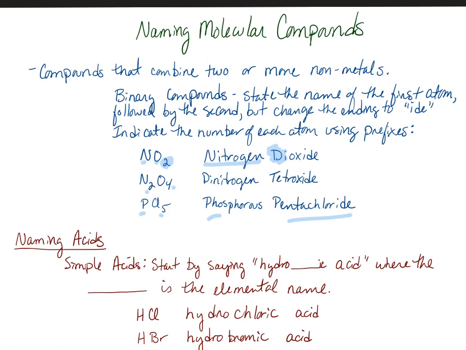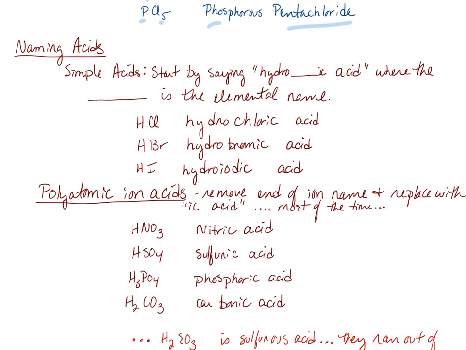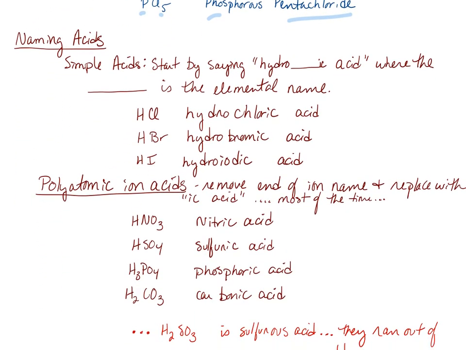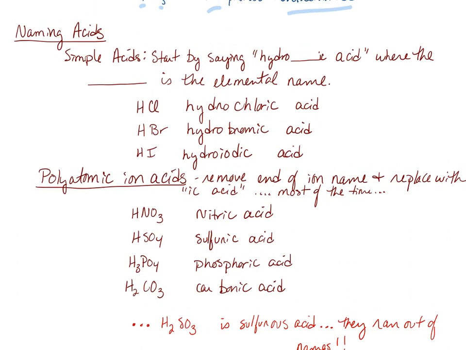More commonly, in this class, you're probably going to see acids. And there's different types of acids, but they go through a basic nomenclature. Simple acids are things like H combined with a halogen. And how we name that is hydro, and then fill in the atom name, ic, second word, acid.